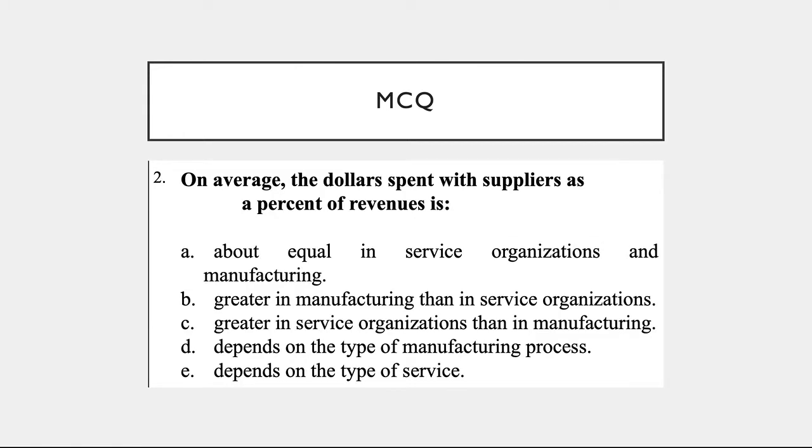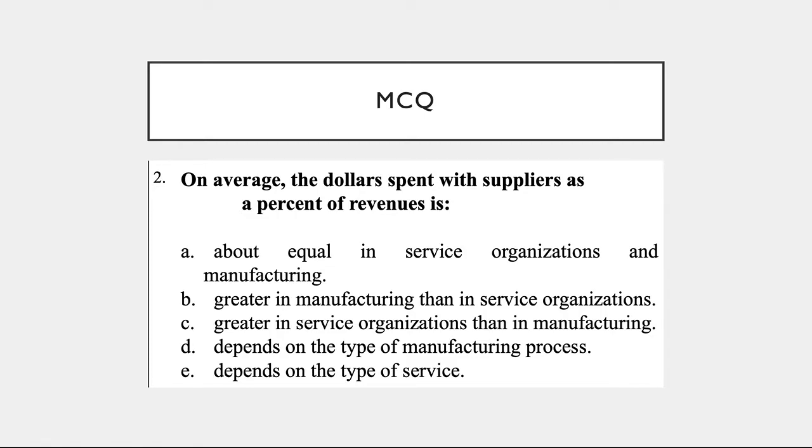The second question: on average, the dollars spent with suppliers as a percent of revenues is about equal in service organizations and manufacturing, greater in manufacturing than in service organizations, greater in service organizations than in manufacturing, depends on the type of manufacturing process, depends on the type of service.